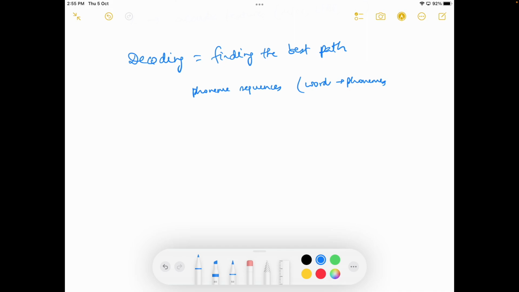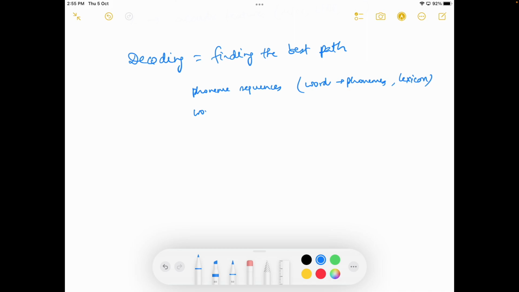And this is called the dictionary. Your dictionary contains, for every word, what phonemes it maps to. The dictionary tells you what word maps to what phonemes, or the pronunciation dictionary. Technically, it is called a lexicon.